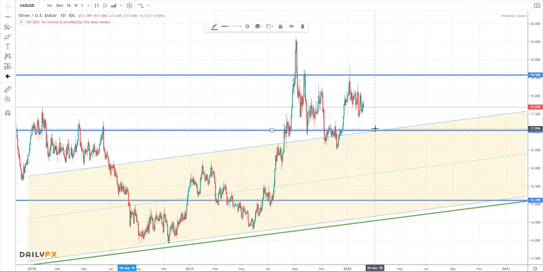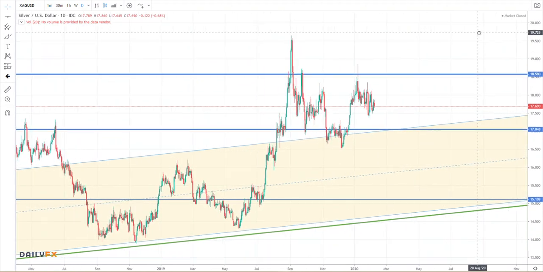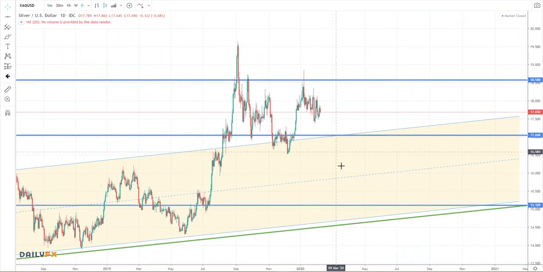So now at this point, I can look for opportunities to buy at the $17 mark, and I'd probably put my stop loss below the $16.50 mark if it were to break completely out of that range, which would put me at a minimal potential for a loss, because if price does break above $18.50, then $20 would be the next mark.